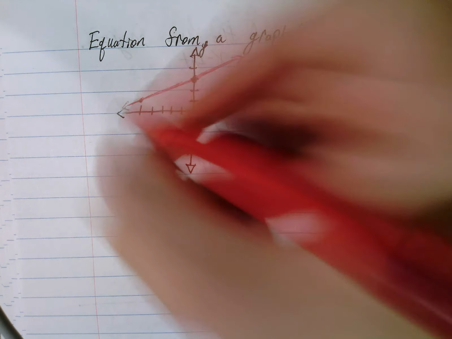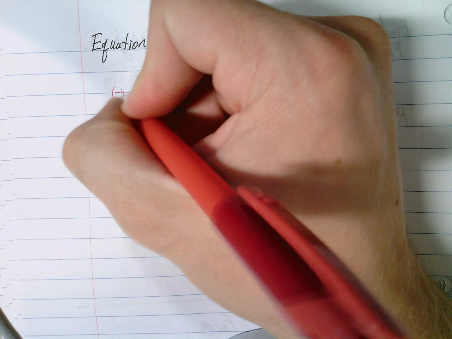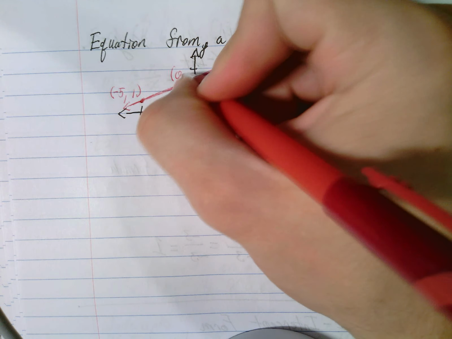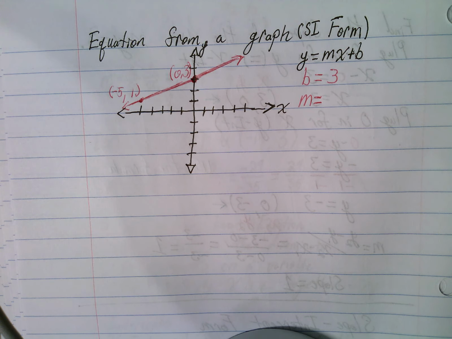So let's make sure we have this ordered pair all the same. This is -5, 1, and 0, 3. What is the slope?